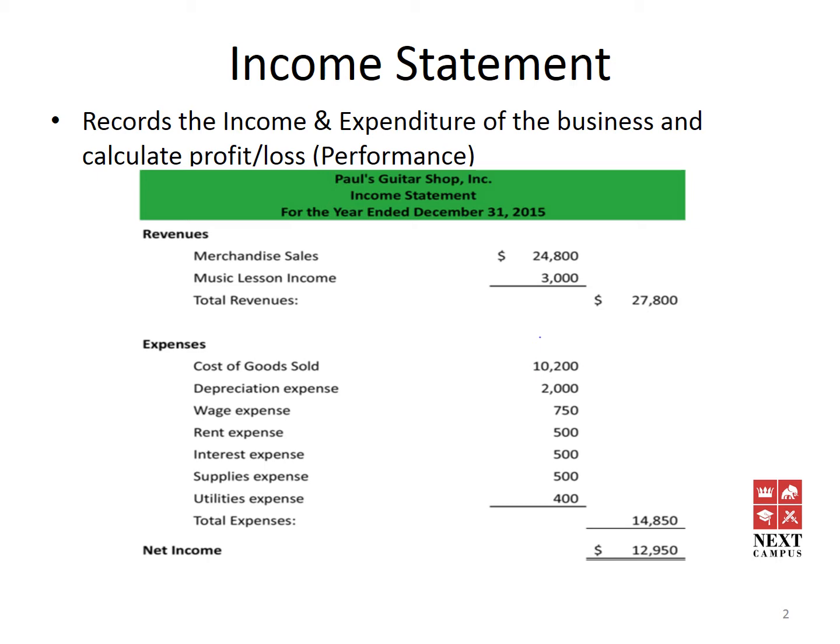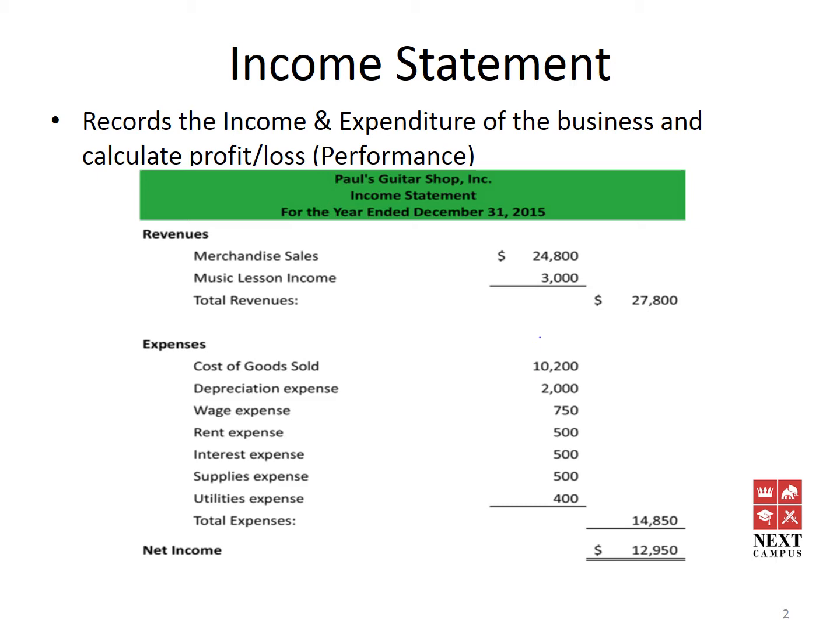The income statement of any business is the statement that will show the performance of the business during the previous period. The performance which is measured by the profitability of the business. How well the business has made profits. Profit means the income over its expenditure.